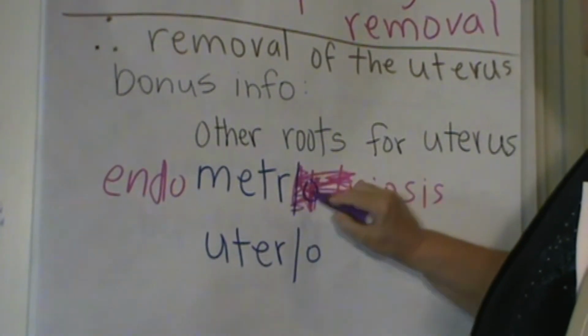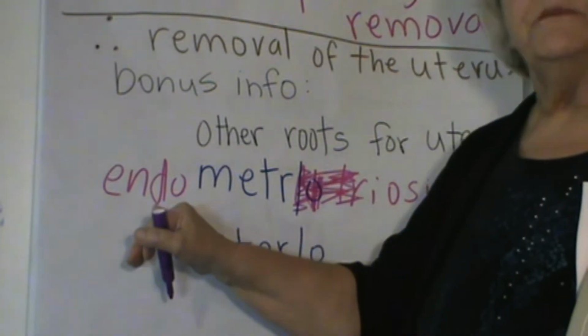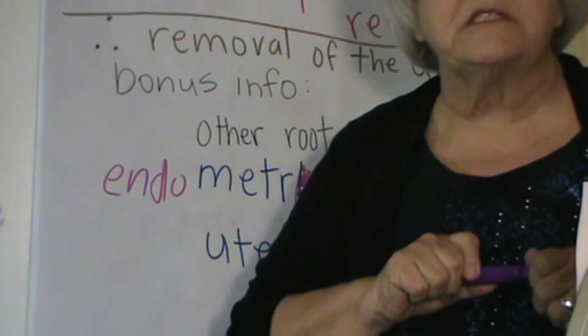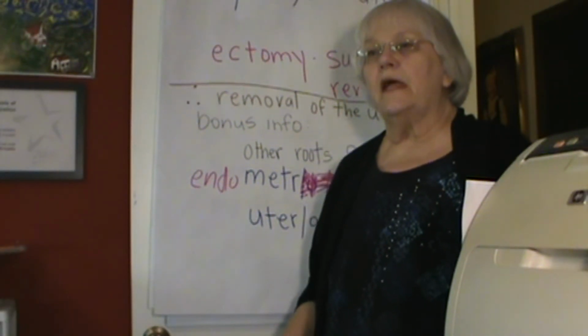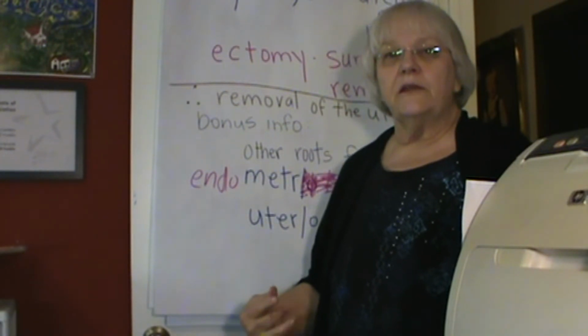Endometriosis means a condition in which you have endometrial tissue in abnormal locations in your body. It's supposed to be the inside lining of your uterus, and yet for some people that tissue is found in their lungs or abdominal cavities, lots of different places in the body.